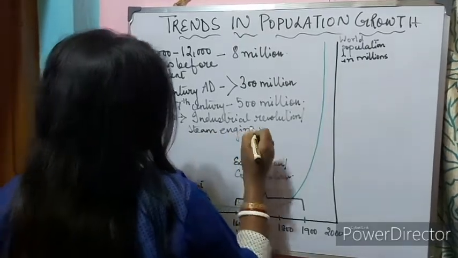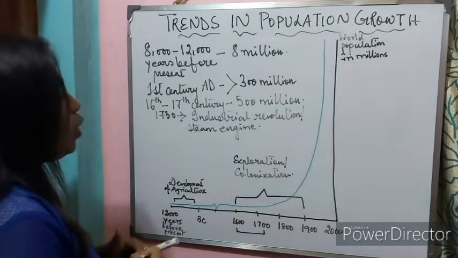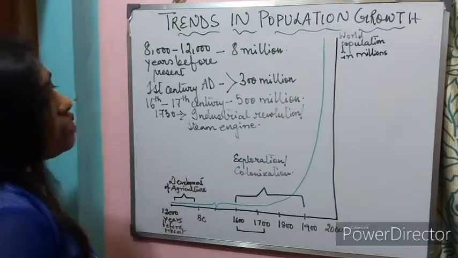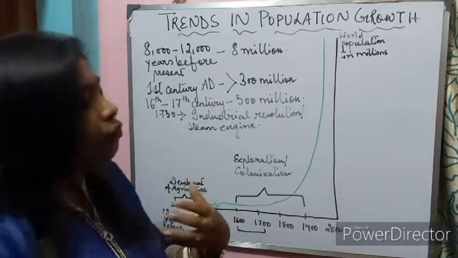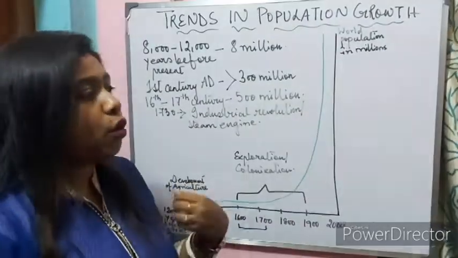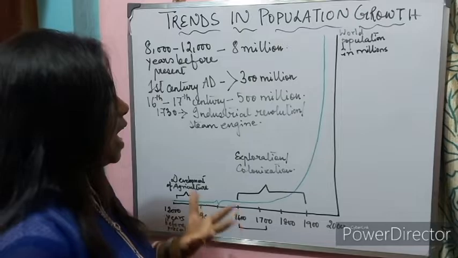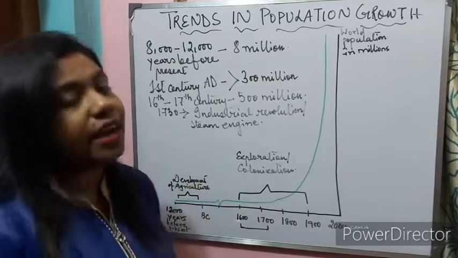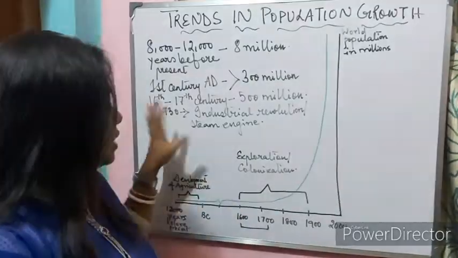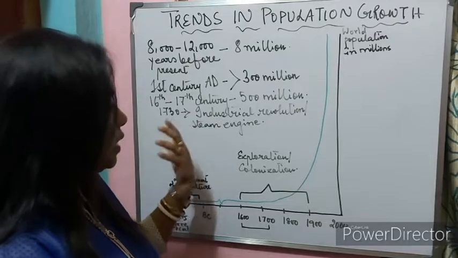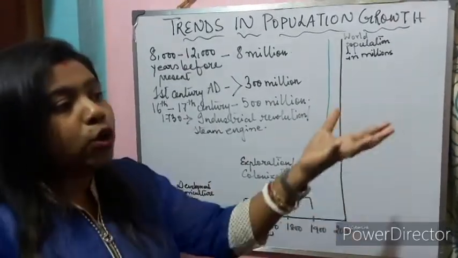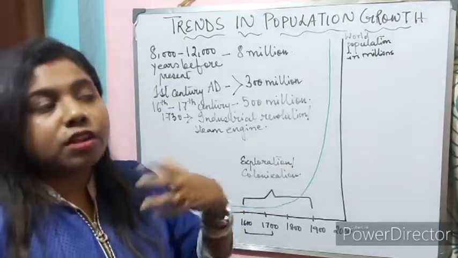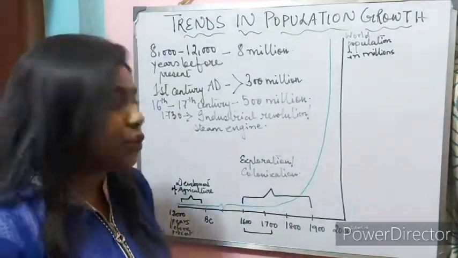It replaced the work of people and animals, and production could now be done at a much faster rate. Production started increasing and people started migrating from the countryside to the towns due to employment opportunities.